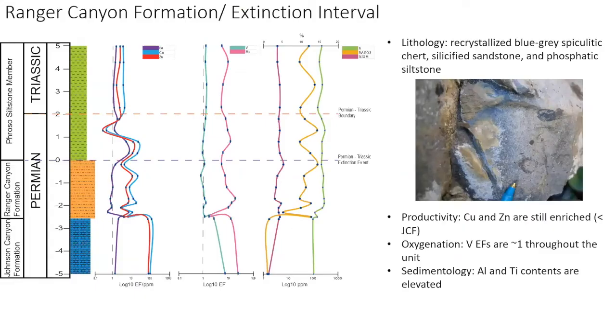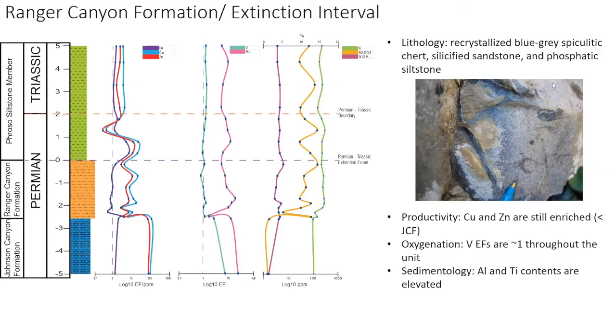So for the Ranger Canyon Formation specifically, we have within here this lovely little section. In terms of lithology, Ranger Canyon Formation is a recrystallized blue-gray spiculated chert, silicified sandstone, and phosphatic siltstone. Here we have a nice example.